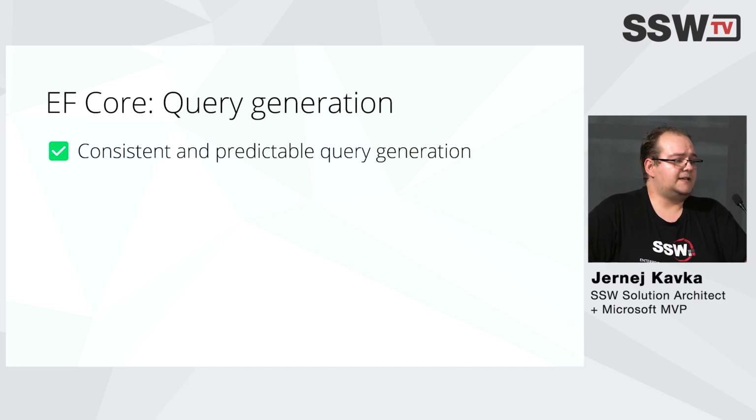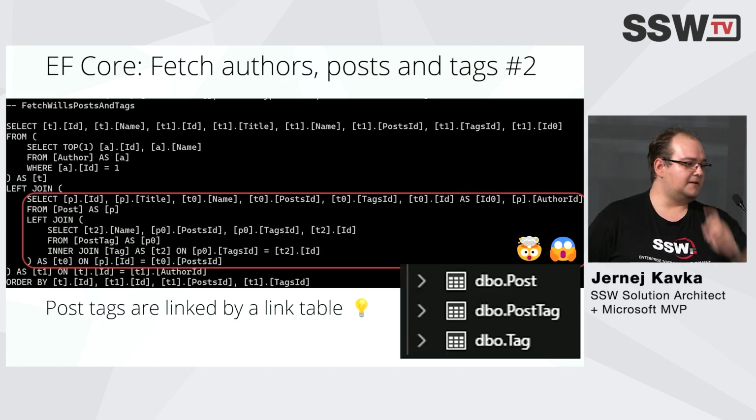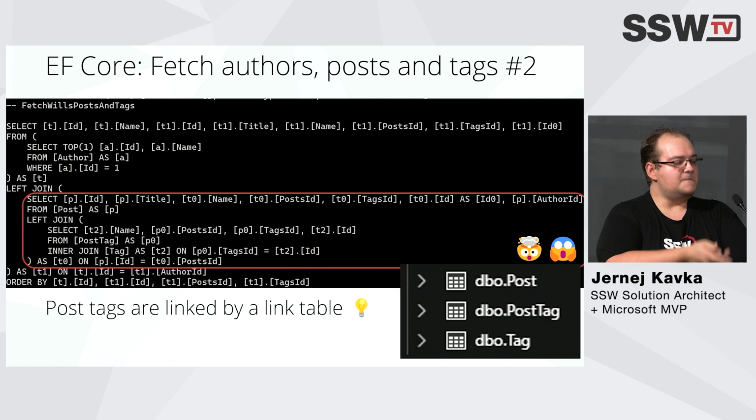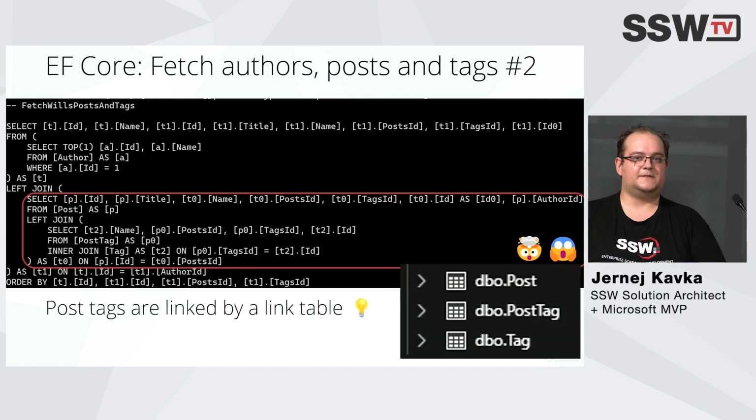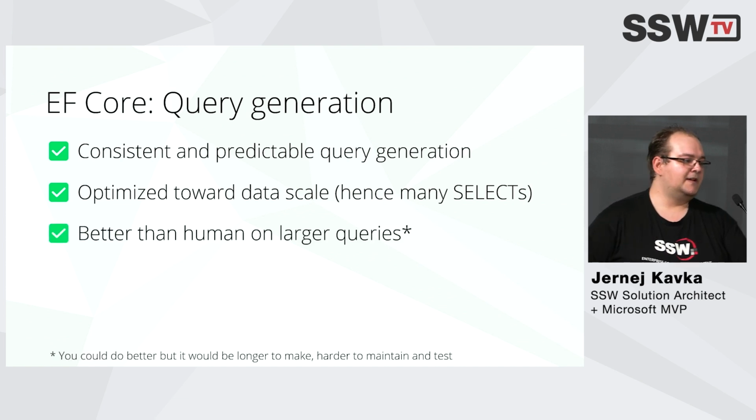Essentially, what that means is, in a way, EF Core tries to make query generation as consistent as possible. So if you look here, this is somewhat consistent with the query above, where we are trying to pre-select all of the data. But on the other hand, it also tries to optimize for data scale. So if you have millions of authors or millions of posts, this query can generate better performance.